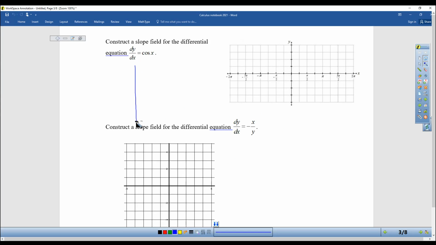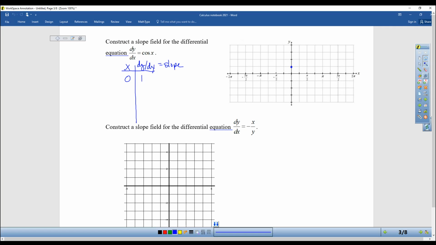So I'm going to make a chart, and I'm going to put x here, but instead of y, I'm going to do dy dx, which remember means slope. So when x is equal to 0, cosine of 0 is 1. So I'm not going to plot the point 0, 1.